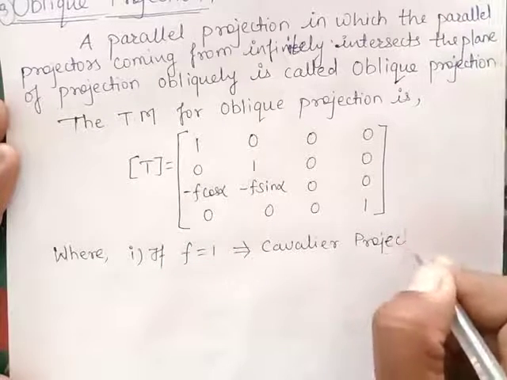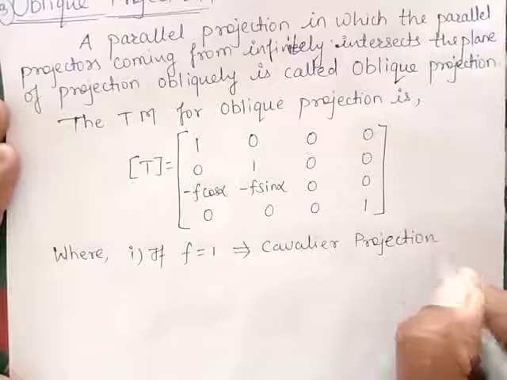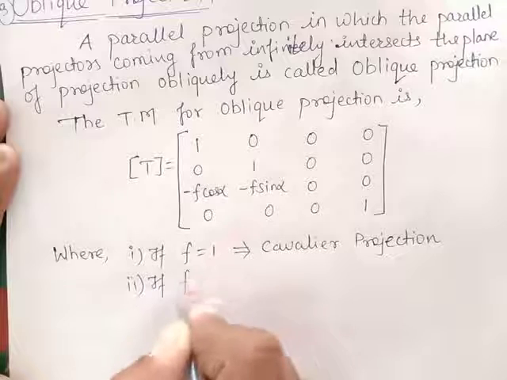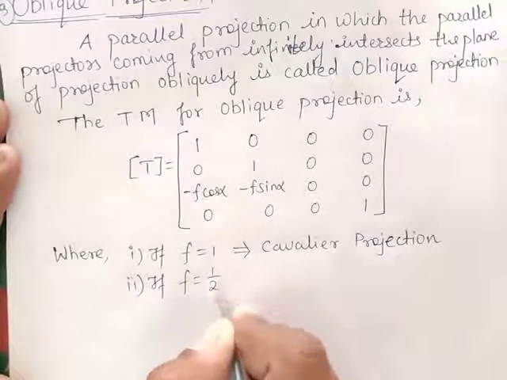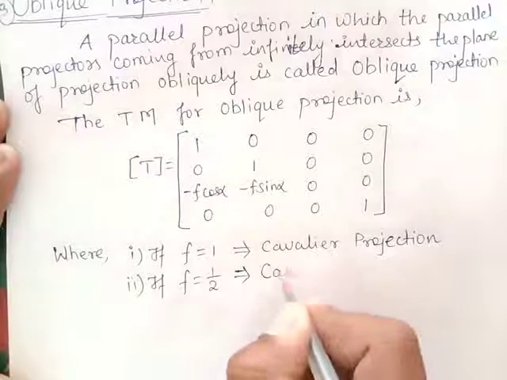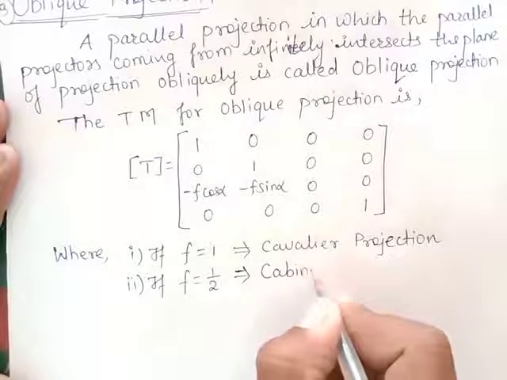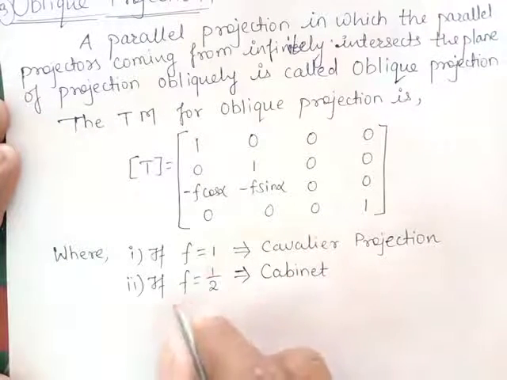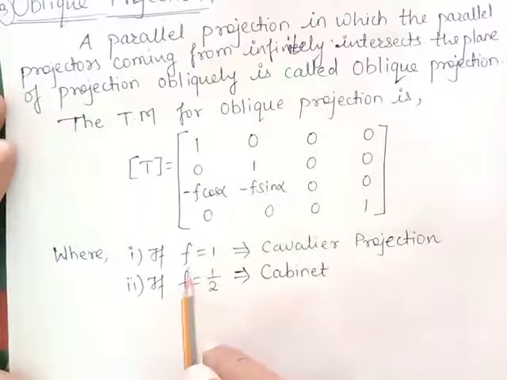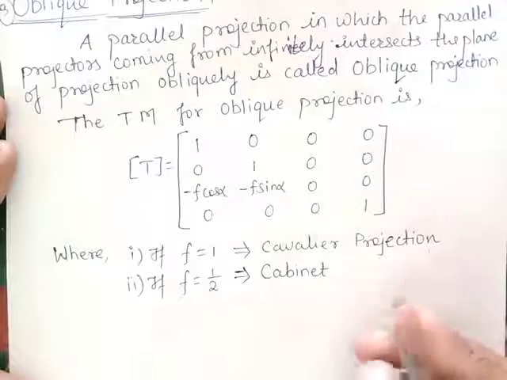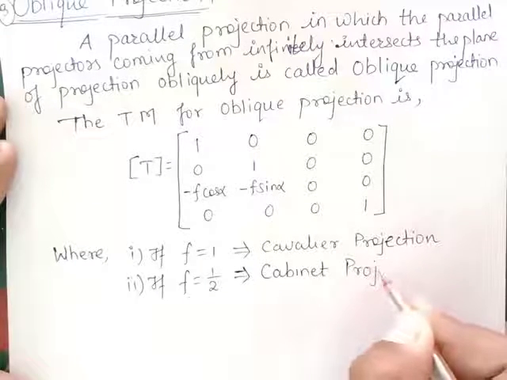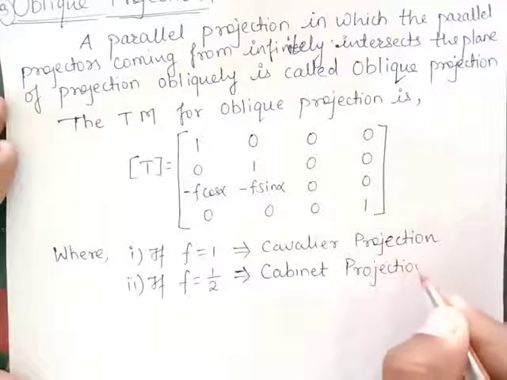And second, if the foreshortening factor has a value of half, then it will be a cabinet projection. You know, f lies between 0 to 1 with closed interval [0, 1]. So if f is 1, it is cavalier, and if f is half, it is cabinet projection. Okay.